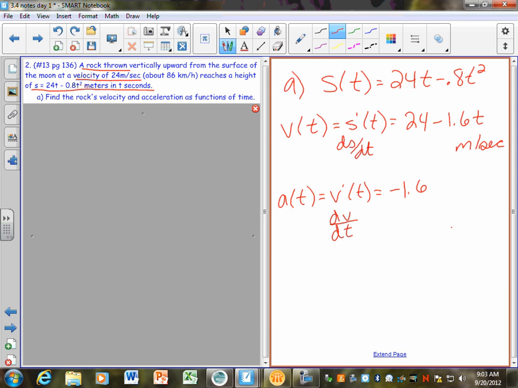And what were the units on the velocity function? Meters per second over seconds. It's going to be meters per second squared. Acceleration is always in per second squared. I'm not a big physics person, so I can't really explain to you what that means, meters per second squared, but I can tell you that it's always seconds squared when you do acceleration.